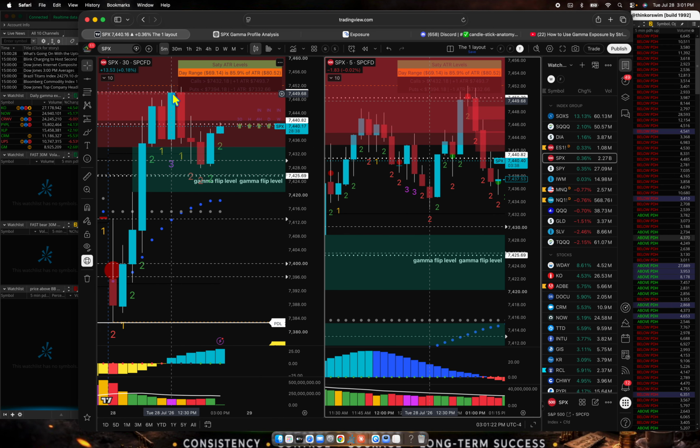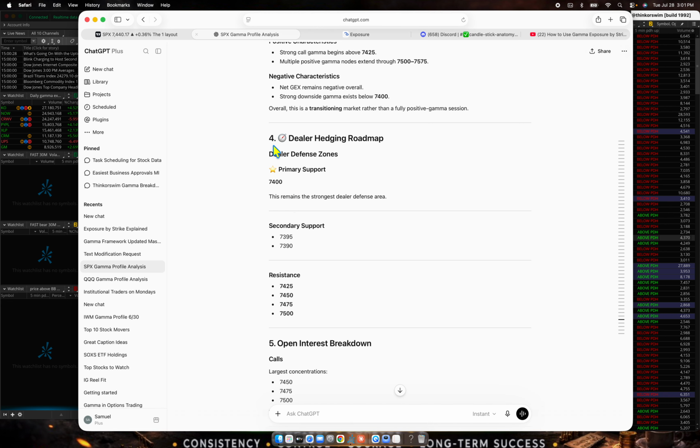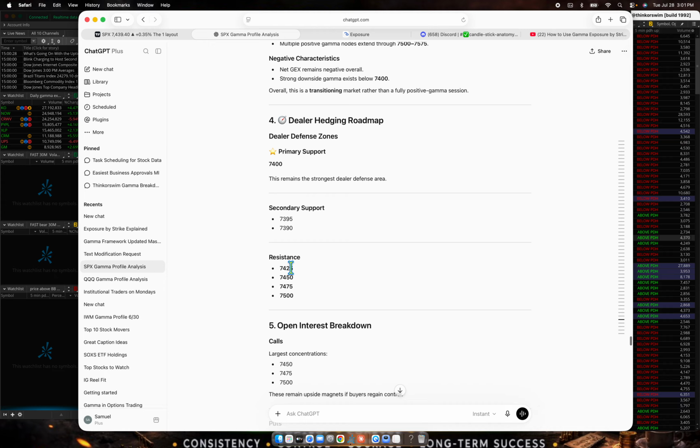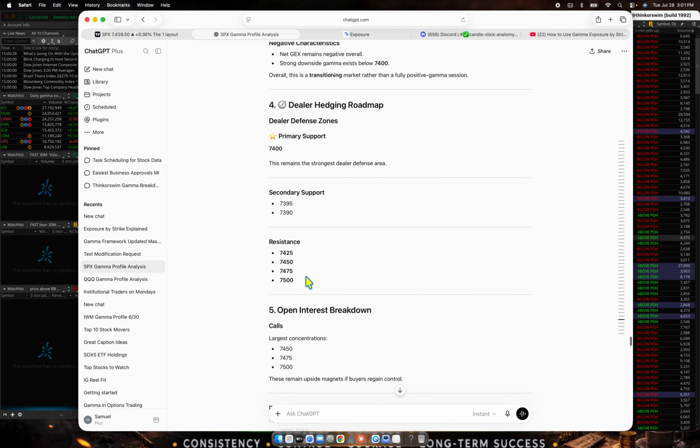Now remember, these levels don't necessarily always have to get hit. Sometimes it may reject before, sometimes it may push to it and reject from there. But in our profile, these were our secondary supports, and it broke the first support and the second support. It bounced and recovered 7400, then went to target 74.25 and then 74.50.